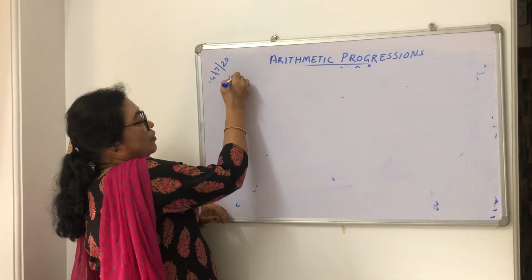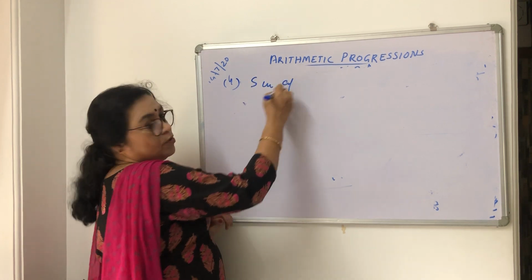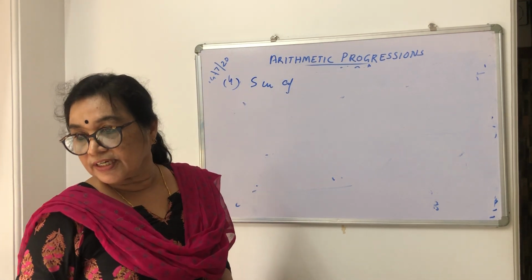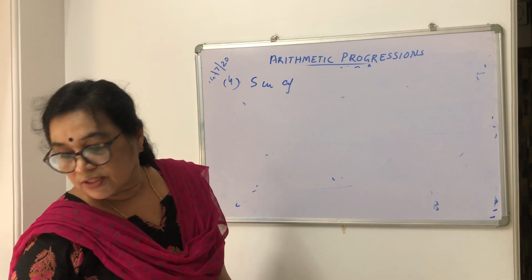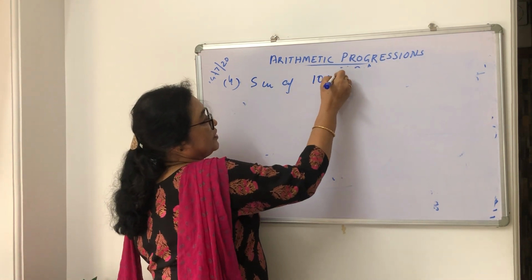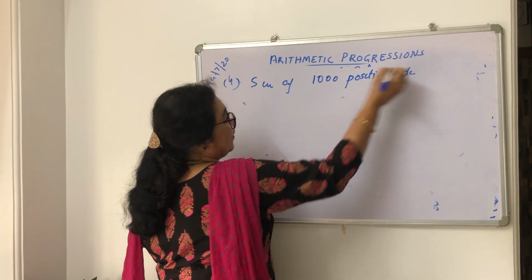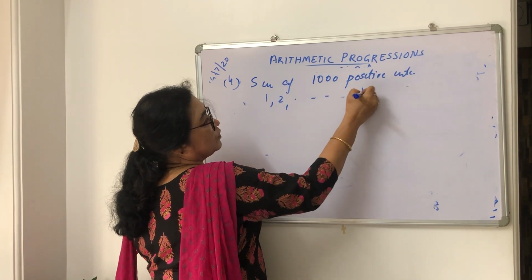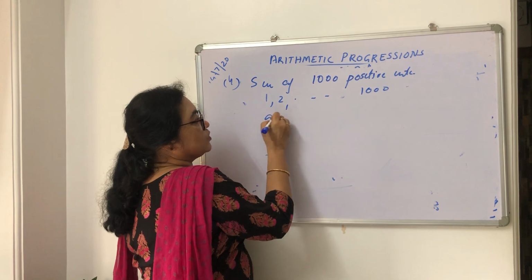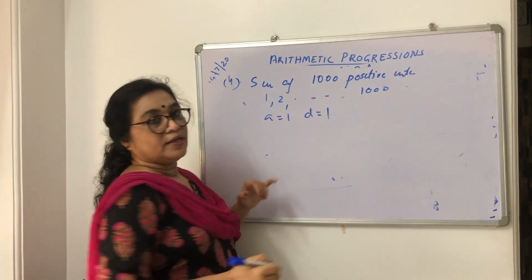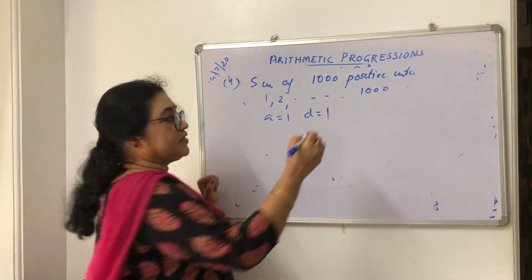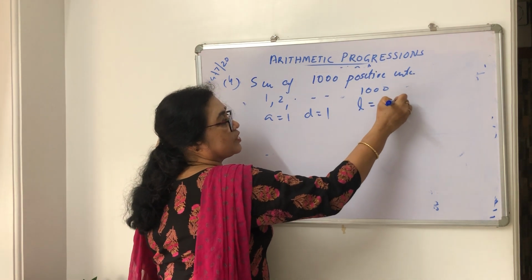Sum of the first 1000 terms, the first 1000 positive integers. That is 1, 2, 3 up to 1000. So A is 1, D is also 1. Here the last term is given. Which is the last term? The last term is 1000.